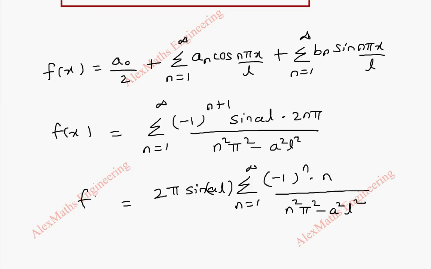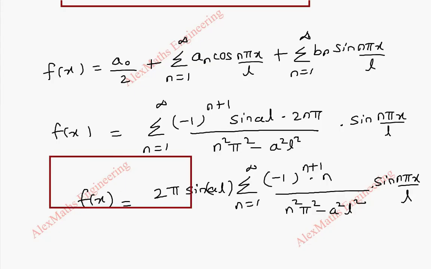This is the Fourier series expansion for the given function f of x. And sorry, this is power n plus 1. And also at the end we have sin n pi x by L. So this is our Fourier series expansion.